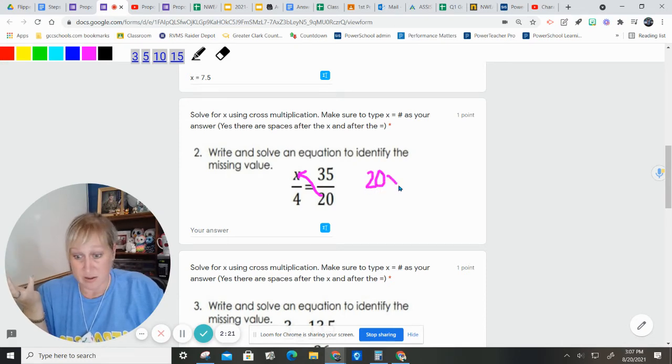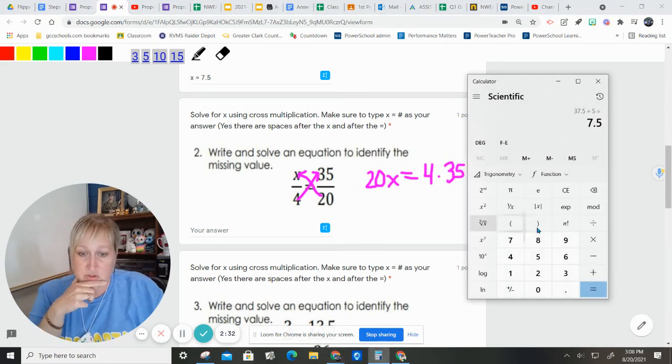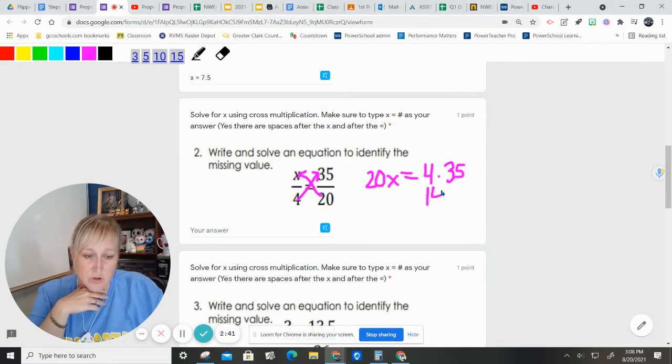That means 20 times x equals, the other side is 4 times 35. You will use your calculator. Clear. 4 times 35 is 140. So 140, mind you, that's my next step, equals 20x.